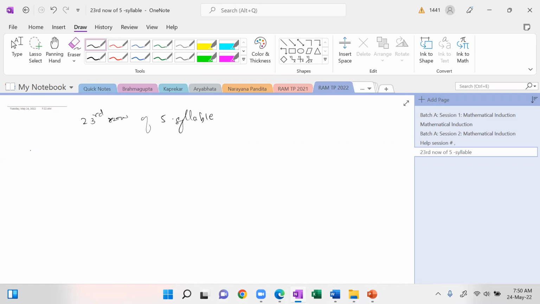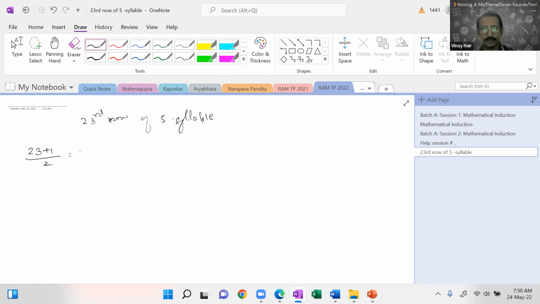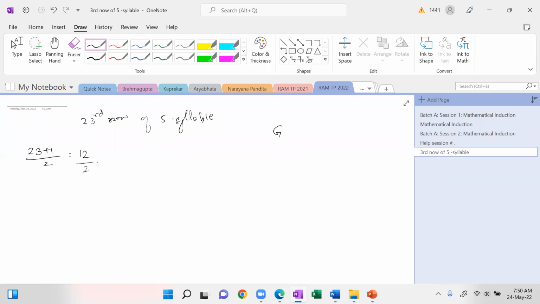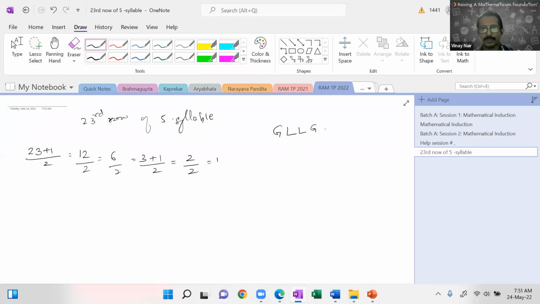Since we can't divide 23 by 2, we add 1 and divide by 2, and then write a G. Then since this is divisible by 2, we can write an L. And again another L, since again it is divisible. Now it is not divisible, so we add 1 and divide by 2. And now since this is divisible by 2, we write another L. So this will be the 23rd row.